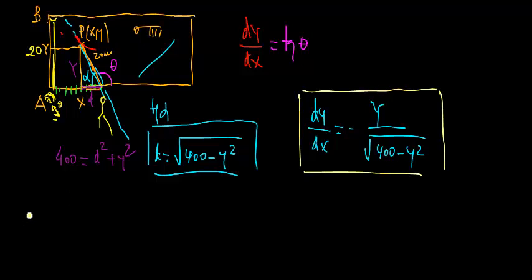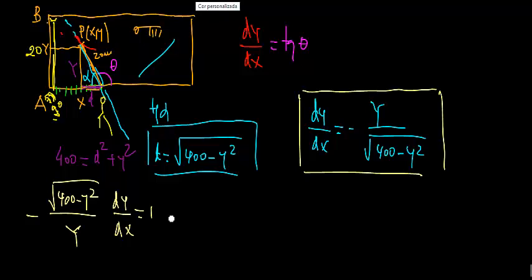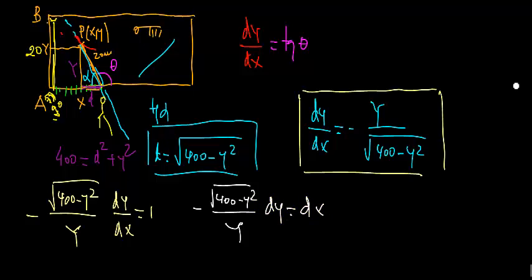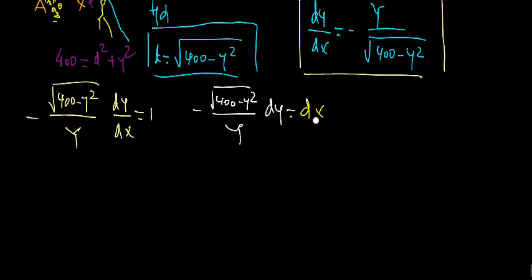So I will get minus the square root of 400 minus y squared over y, times dy/dx, equals 1. Okay, so a little bit further, it will be minus the square root of 400 minus y squared over y dy equals dx.